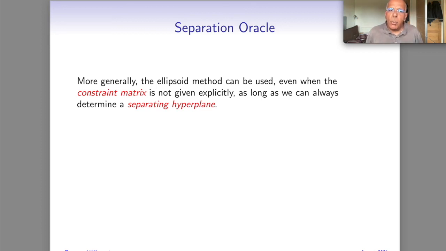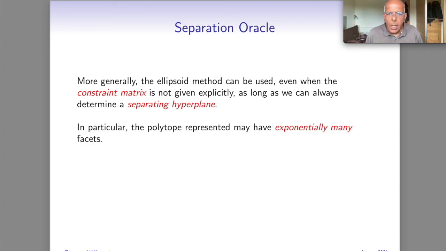But we can do something a bit more general, because the ellipsoid method is used not even when the constraint matrix is given explicitly, but as long as we can determine a separating hyperplane. What does this mean? In particular, the polytope represented may have exponentially many facets. Okay, so the key example here is I showed you the matching polytope, right?